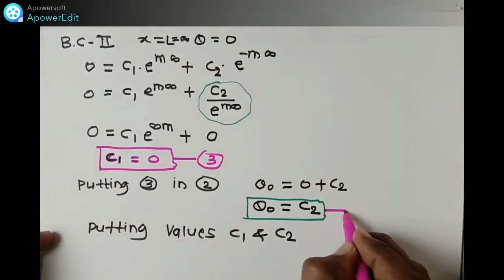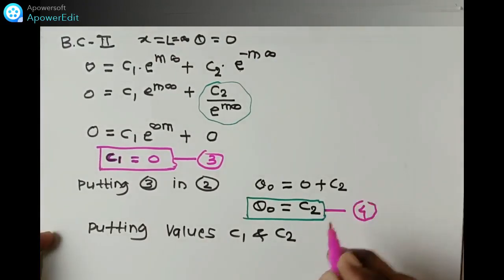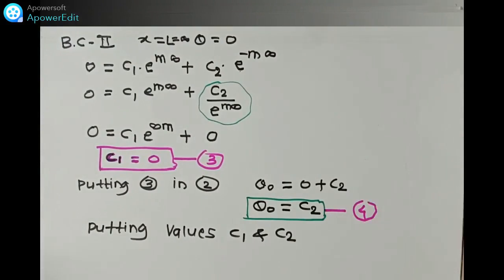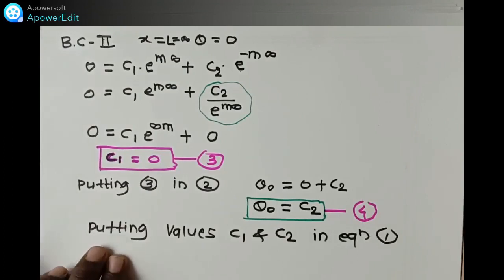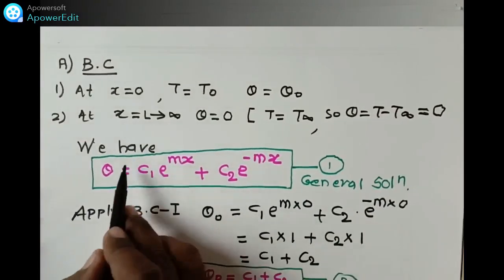So the next step is putting the values of C1 and C2, we will say this as equation number 4, in equation 1. What is equation 1? This is equation 1.